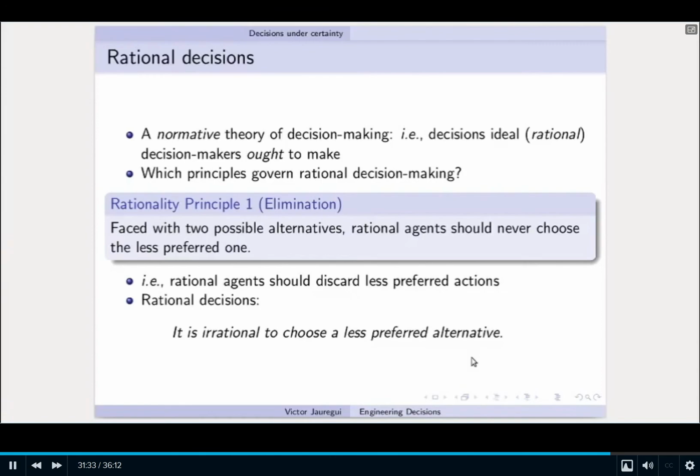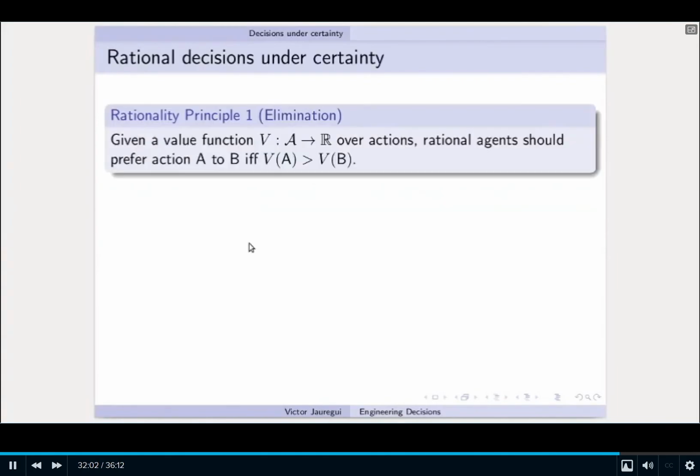So we're going to introduce a principle of rationality, which we'll call the elimination principle, which is that if we're faced with multiple possible alternatives or actions, rationally, we should never choose an action which is less preferred than another one. Right? So if we're given two alternatives, we should never choose the least preferred of the two.